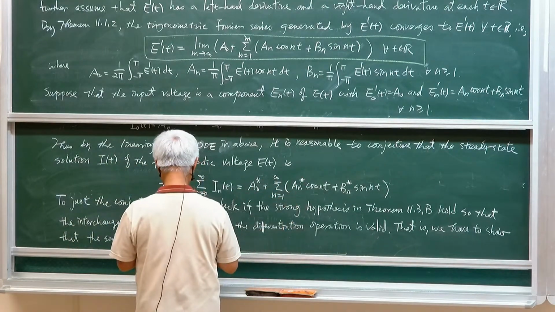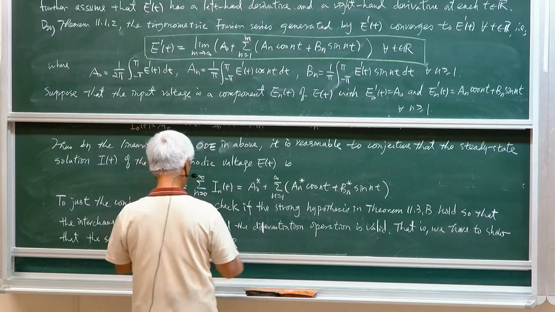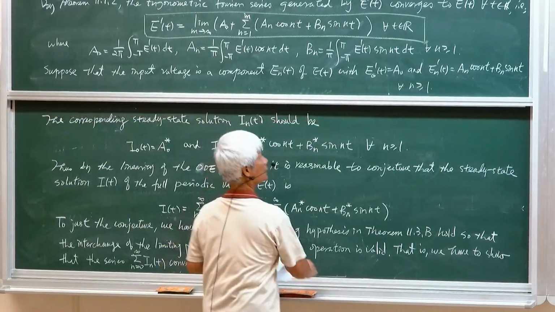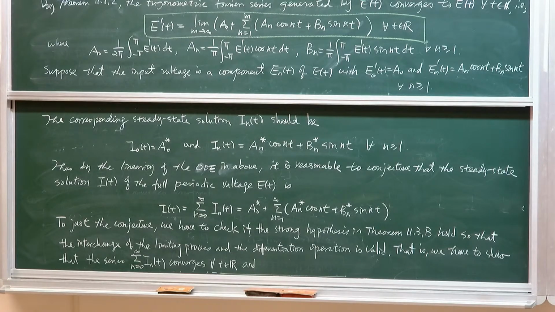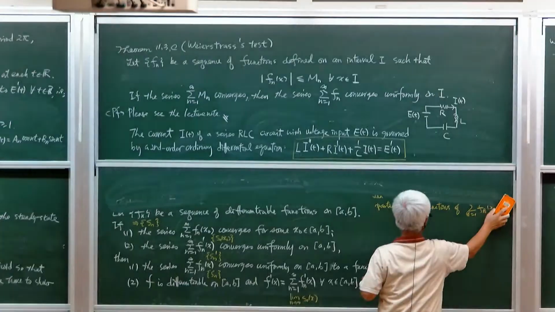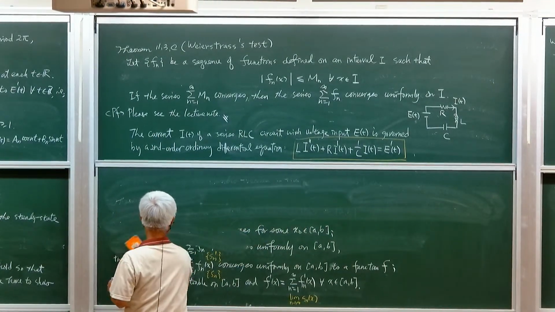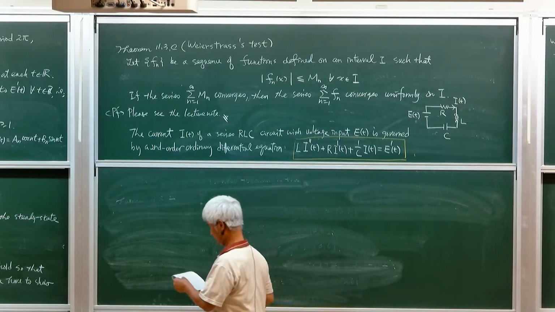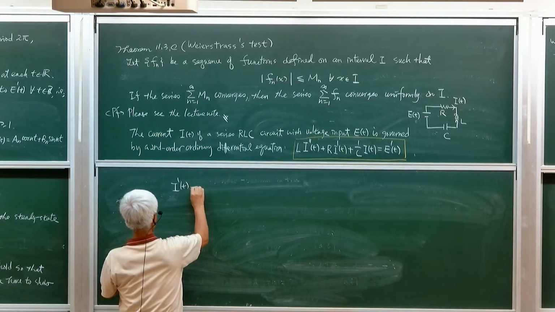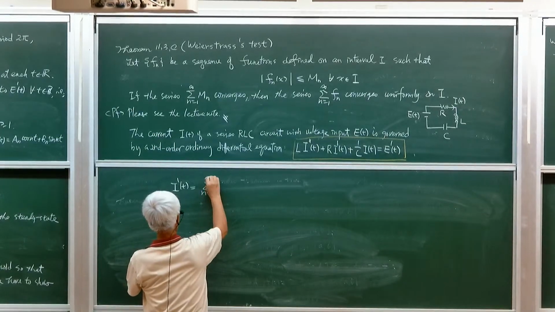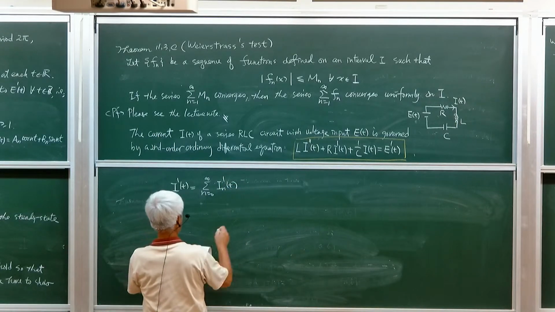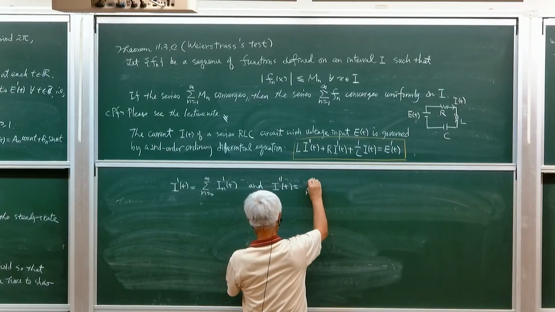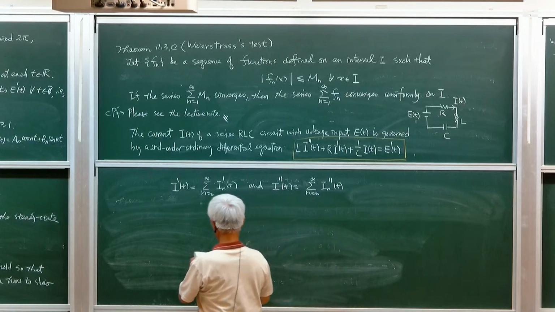So we show that this converges for all t in R, and that I prime t is equal to the summation of In prime of t, and I double prime of t is equal to the summation of In double prime of t.